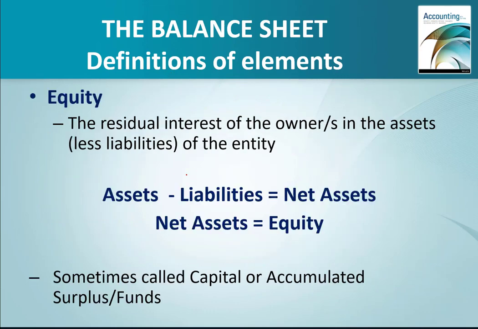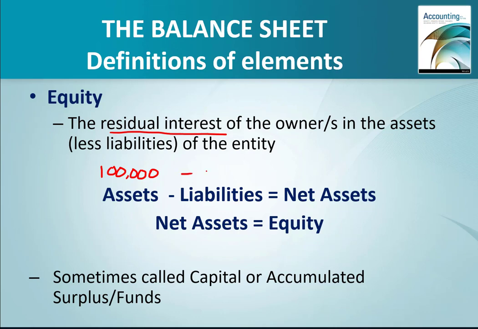Okay. The third component of the balance sheet is equity. Equity is the residual interest of the owners in the assets. In simple words, assets minus liabilities is known as equity, or also known as net assets, the residual interest. For example, the total value of your assets is 100,000.